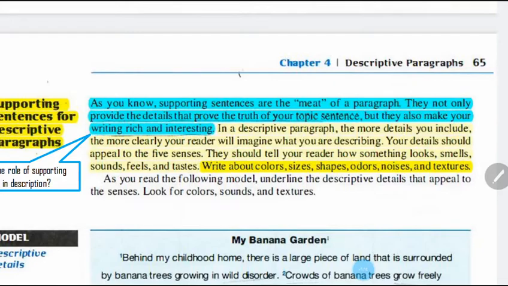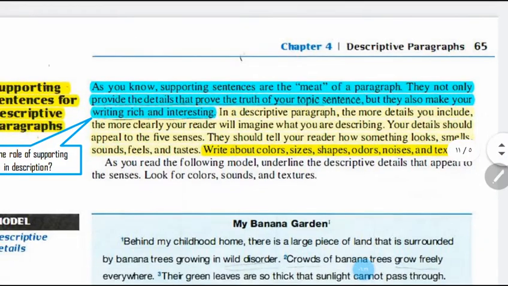In a descriptive paragraph, the more details you include, the more clearly your reader will imagine what you are describing. The more details you add, the easier it is for the reader to understand and be interested in your writing. Your details should appeal to the five senses. We have talked about this point.